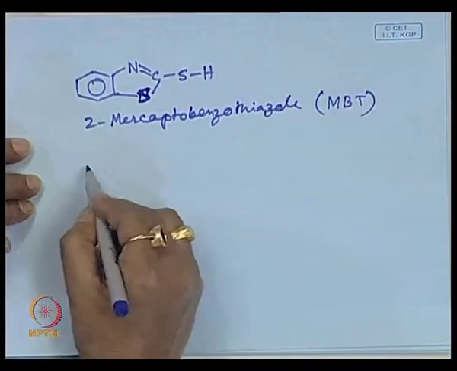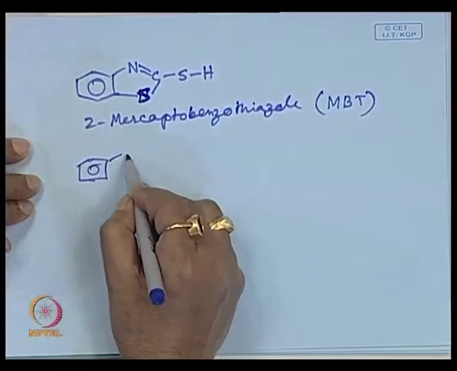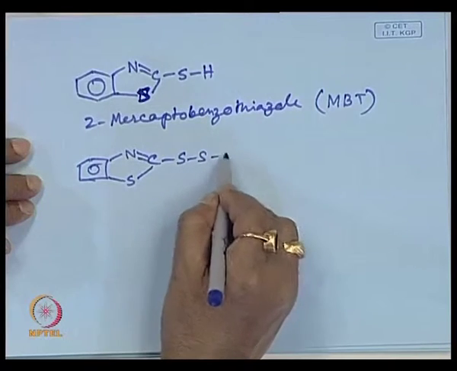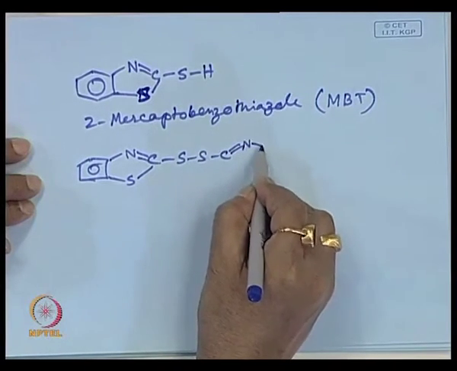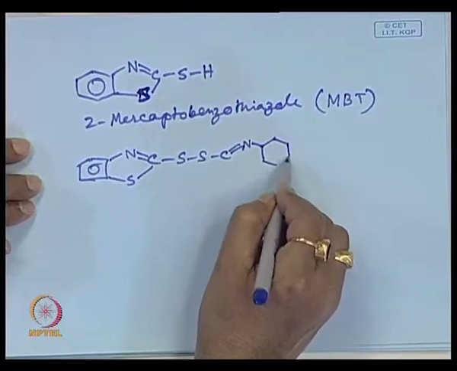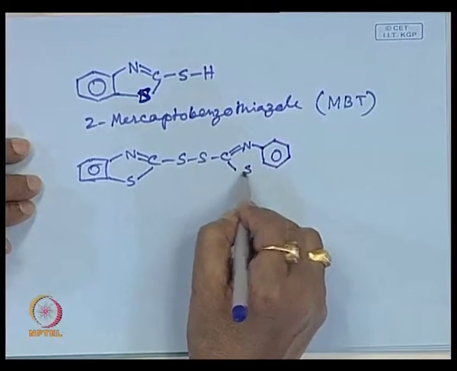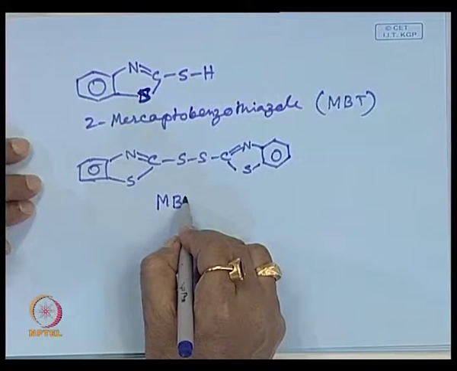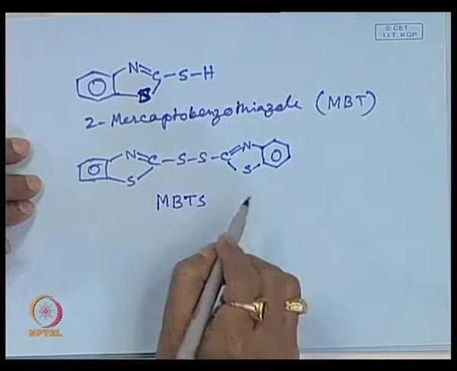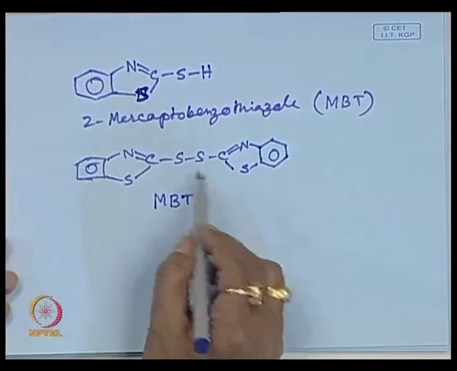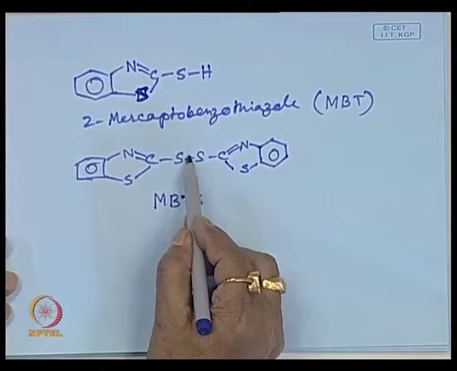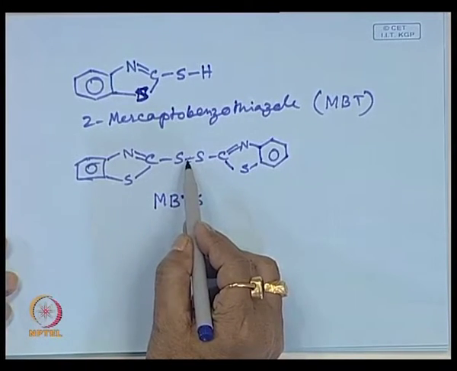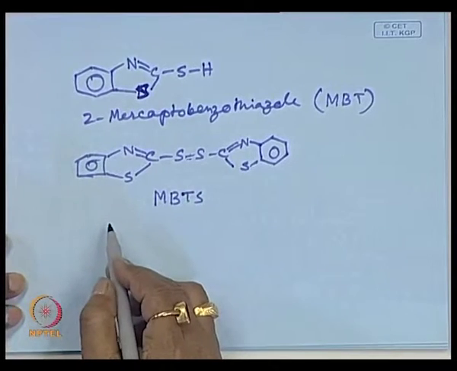Similarly, its disulfide is also available: 2-mercaptobenzothiazyl disulfide, MBTS. Similarly, its zinc salt is available, where zinc comes in between the two sulfurs. Then sulfonamides, say CBS.